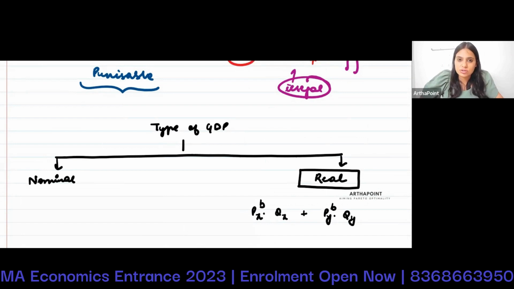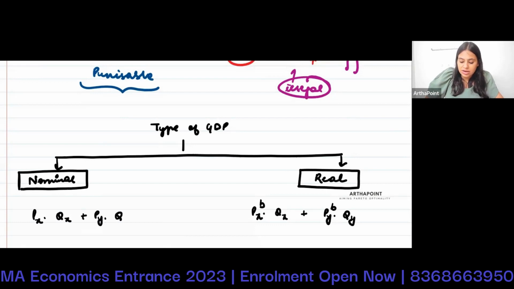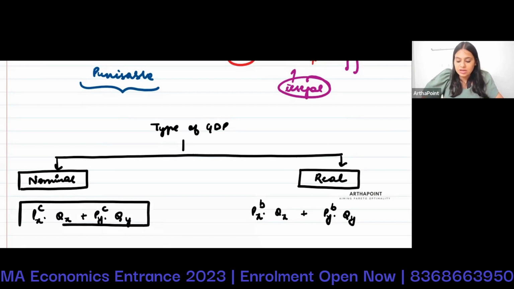I don't change the year. Nominal is at the current price. So it's like PX QX plus PY QY at the current year. Here, this can increase either due to price or quantity. This only increases due to quantity.